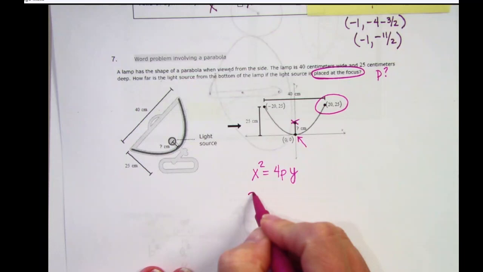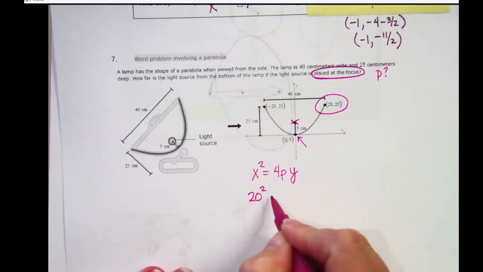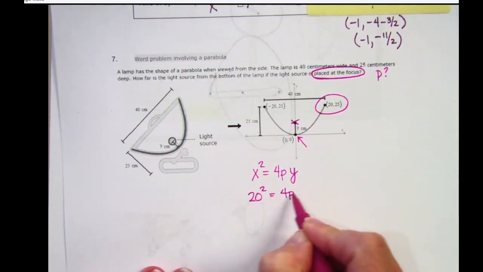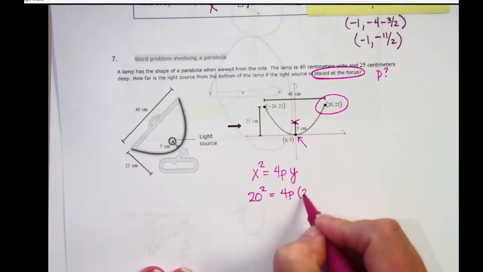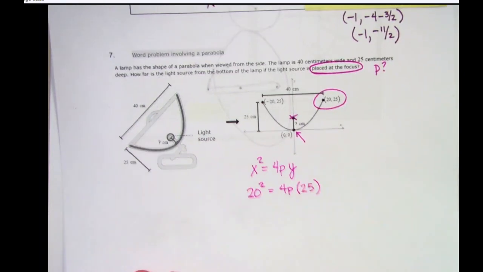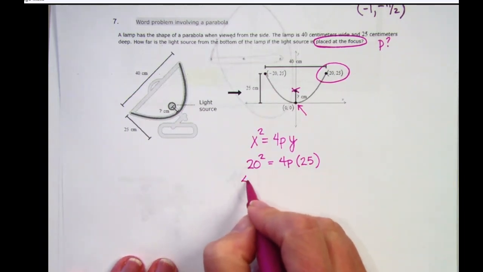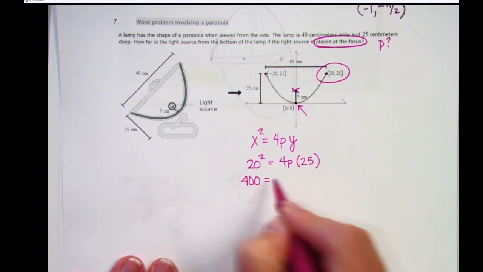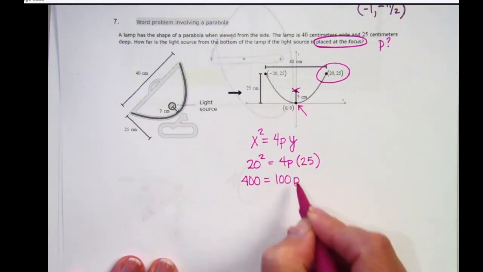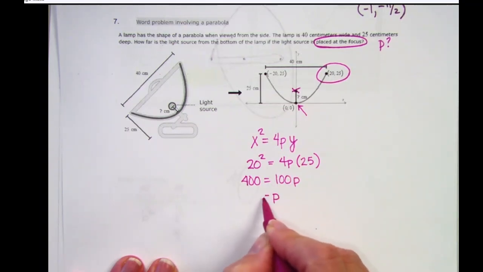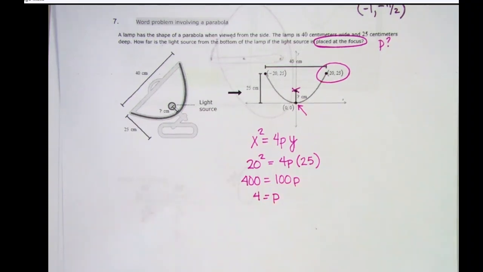All right, so I can say 20 squared equals 4p times our y. 20 squared is 400. 4 times 25 is 100. So P is 4. So what did it want to know?